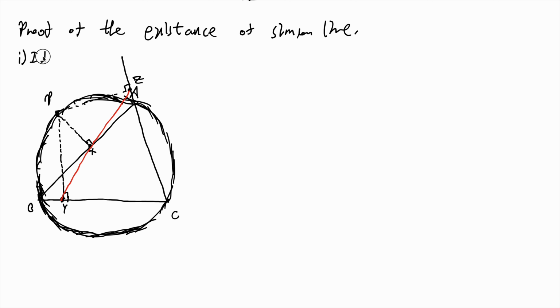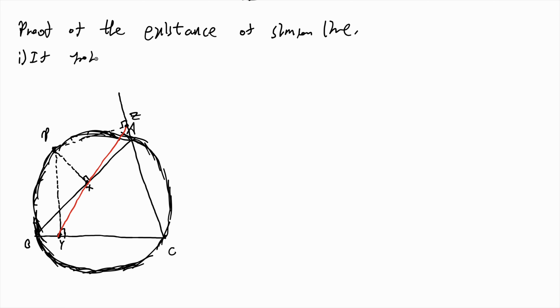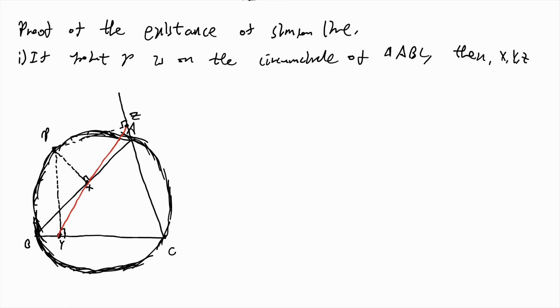First one: if point P is on the circumcircle of triangle ABC, then X, Y, Z are collinear.